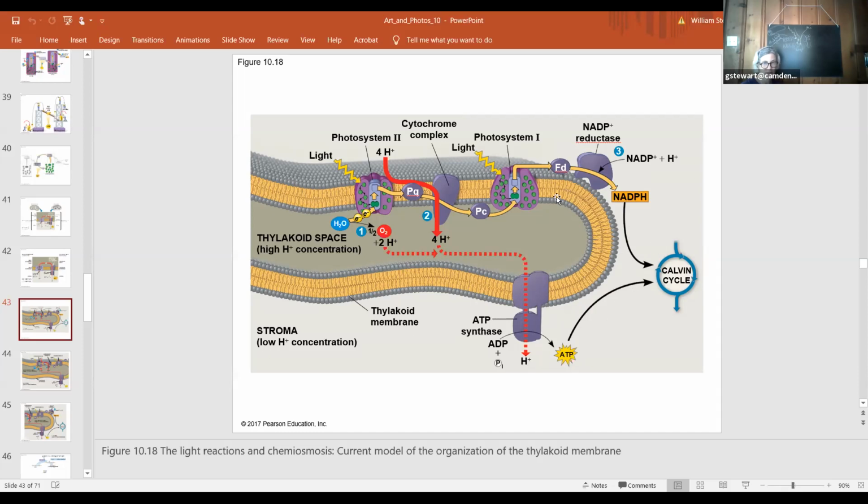The photosystems, photosystem 2 and photosystem 1, take place in the thylakoid membrane. So the non-cyclic photophosphorylation takes place in the thylakoid membrane. Calvin cycle takes place in the stroma. I wanted to be sure to say that so that I didn't forget later.